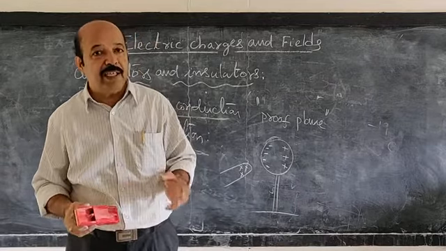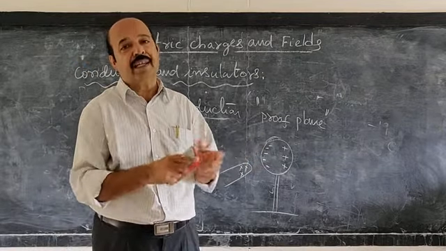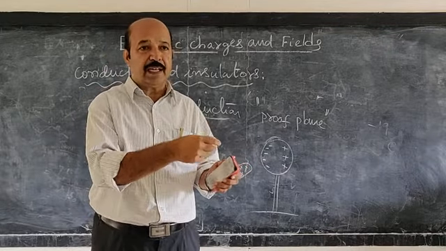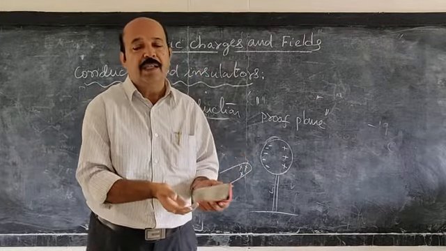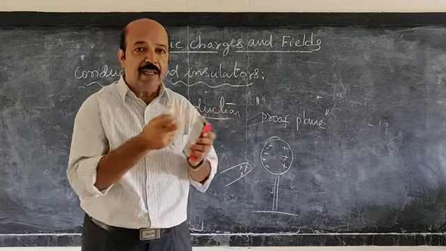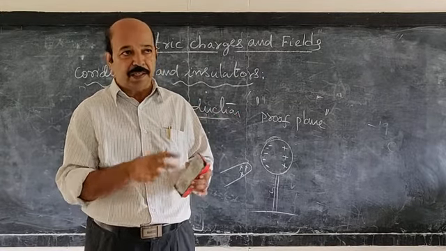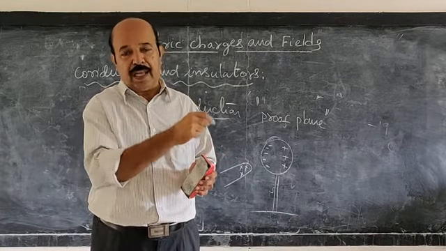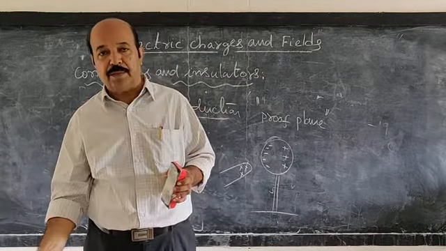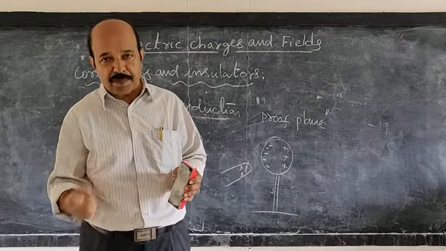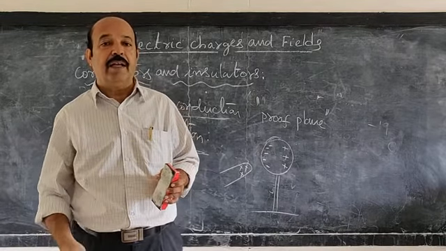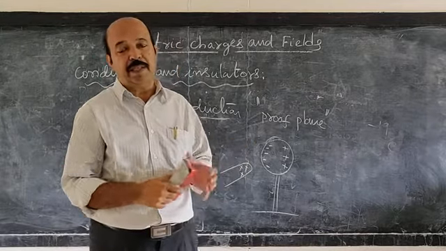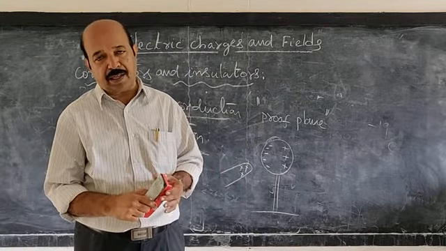Such earthing is used to protect the electrical appliances, because due to the electrical connections, the body of the electrical appliance may acquire electrical charges, or it may come into contact with the live wire. So if it is earthed, then the charges may go to the earth, and therefore the persons working with that apparatus are protected from electrical shock.